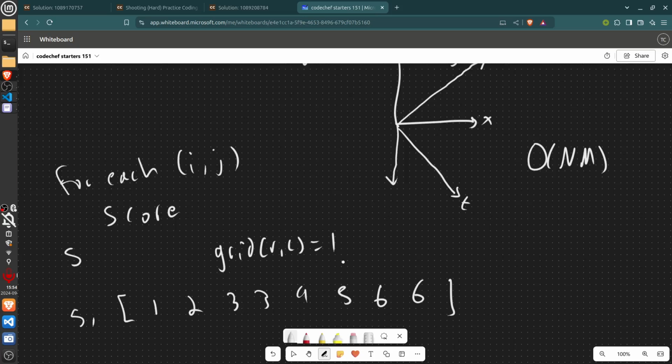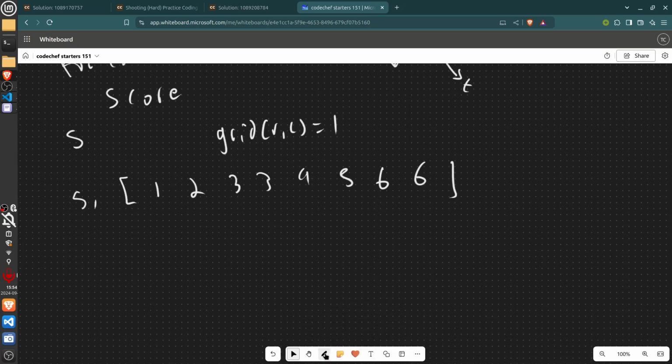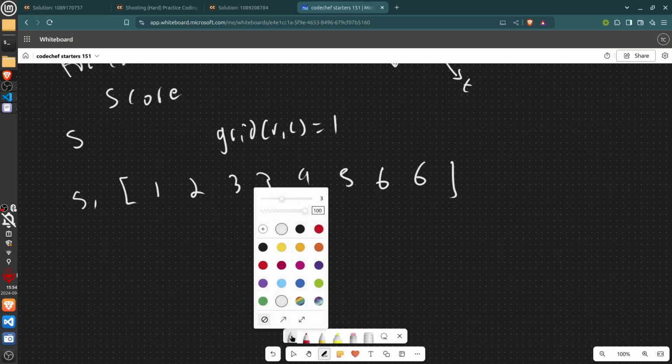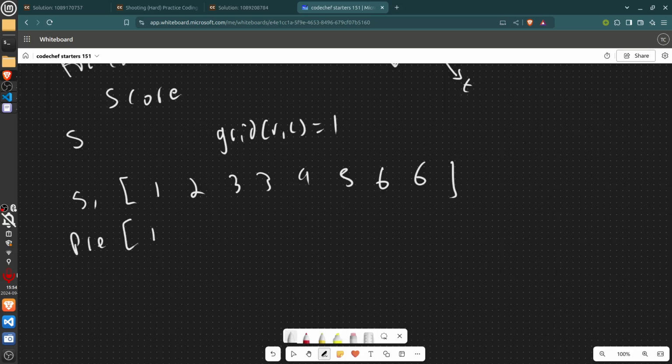So let's say this is sorted, and let's say you also calculated a prefix sum. So you have a prefix sum, and you have this thing sorted.